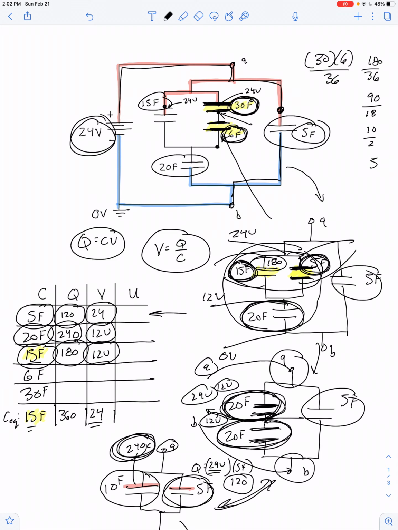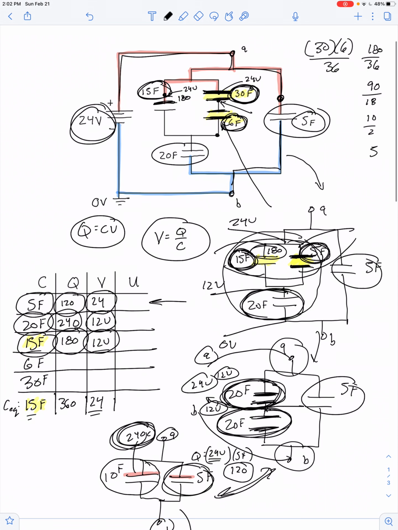And so if there are 180 coulombs on the 15 farad capacitor, but it's supposed to be 240 coulombs in total for this equivalent network, I know this is getting messy, then there must be 60 coulombs on the 30 farad capacitor. And there's also 60 coulombs on the 6 farad capacitor.